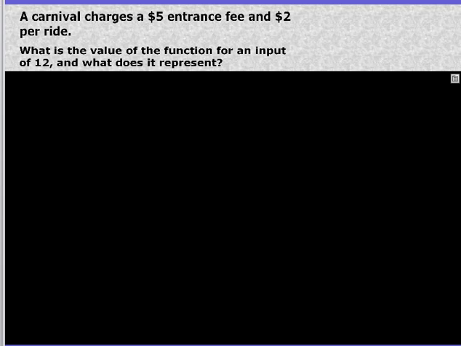So our independent variable is the number of rides. Our dependent variable is going to be basically our cost. So I might say C of R, meaning cost based on the number of rides, is equal to our $5 entrance fee plus $2 per ride.